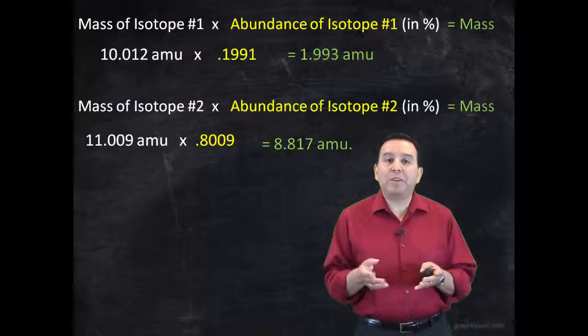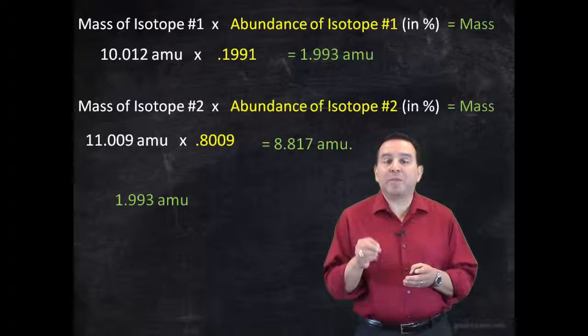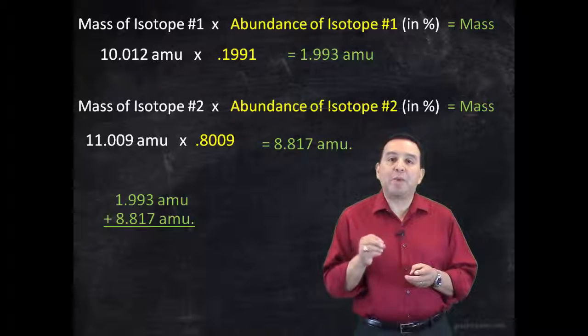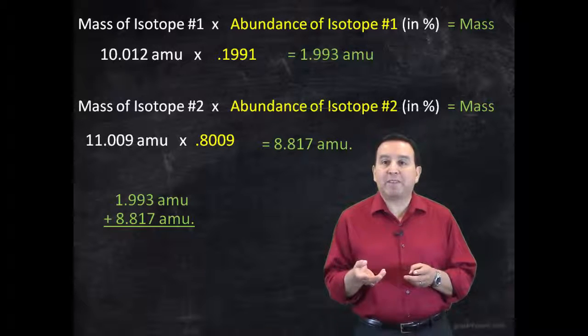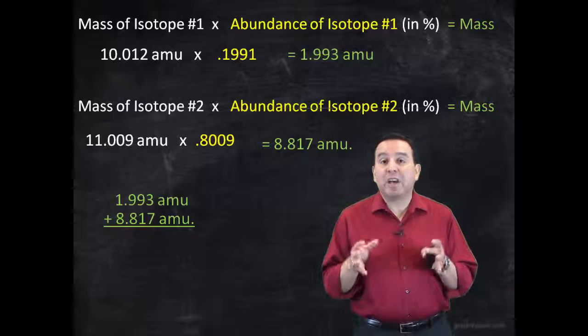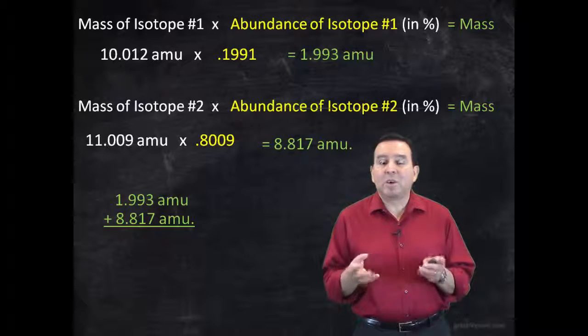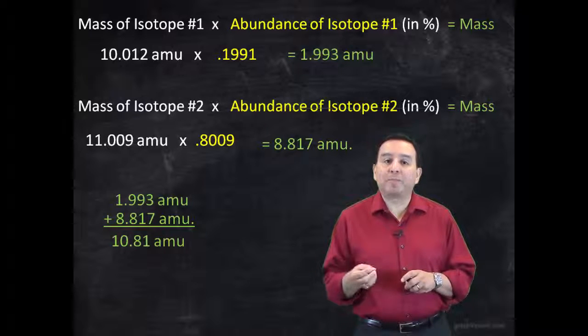So now all we do is add the 8.817 atomic mass units and the 1.993 atomic mass units, and you get the average atomic mass of our element X, which is 10.81.